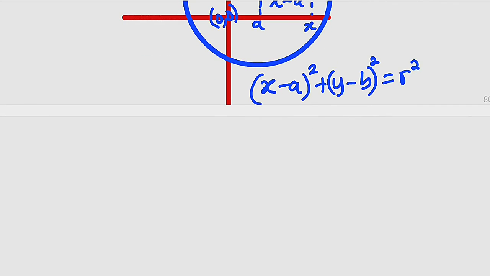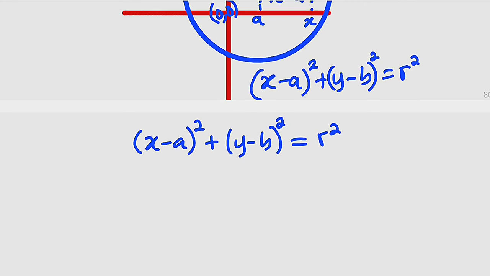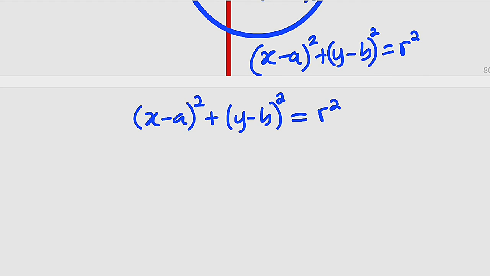So now let us break it down. If we have x minus a whole squared plus y minus b whole squared equal to r squared, what you should know here is the center and the radius. The center has the coordinate a, comma, b.